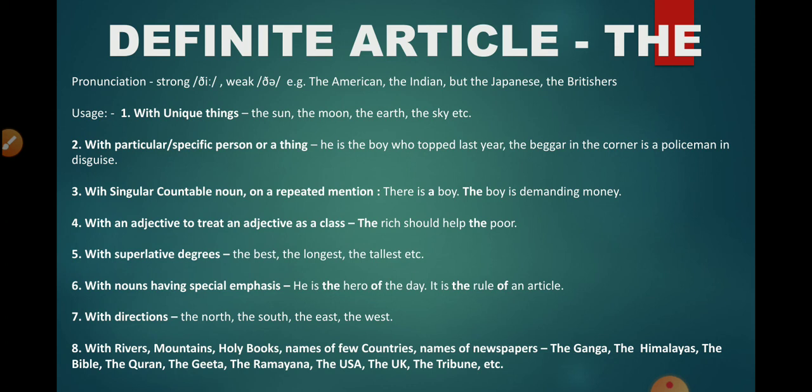And there are certain names of newspapers which usually have the definite article the in the names, like the Tribune, the Hindustan Times, the Times of India, etc. So these are the uses of the definite article the.